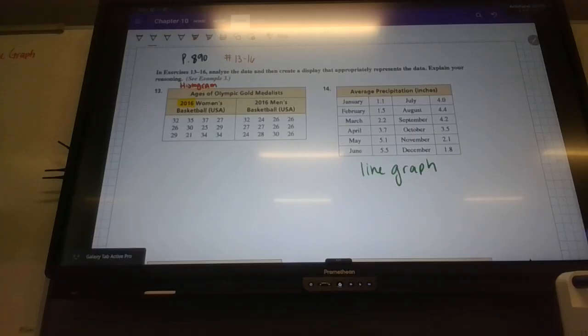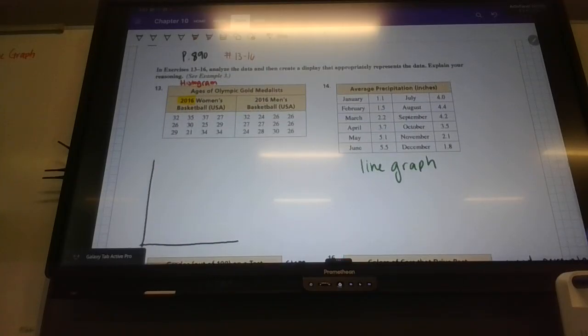So here I go for the women's histogram. Histograms show frequencies, so I'm gonna leave this small. We're gonna put ages down here and frequencies over here.